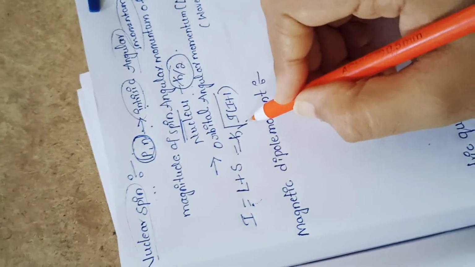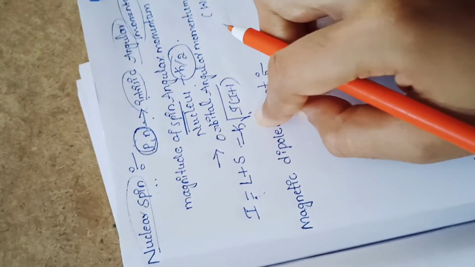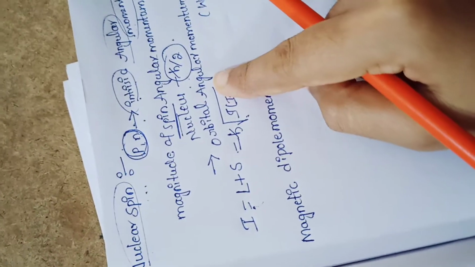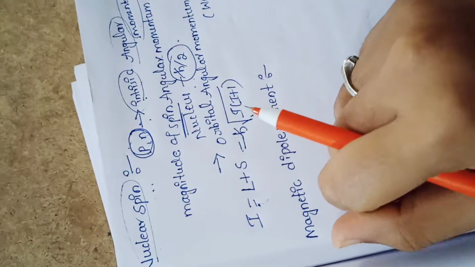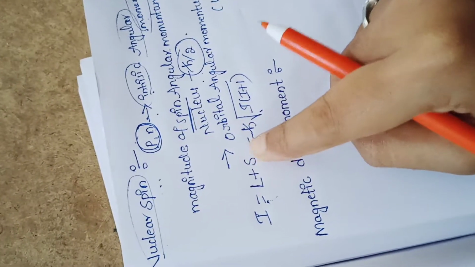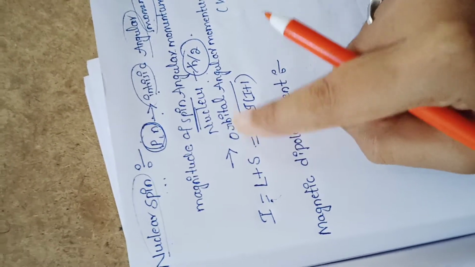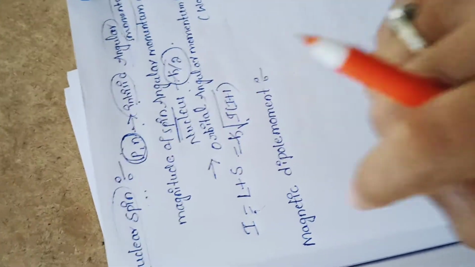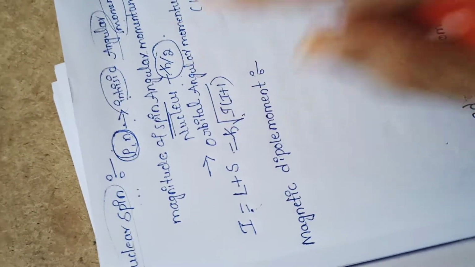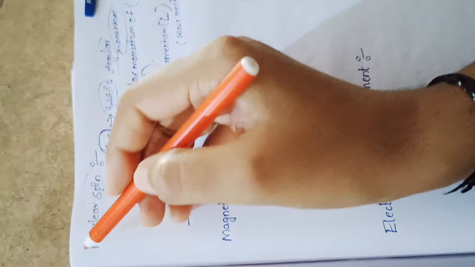This is the total value of I, a combination of orbital angular momentum and spin angular momentum. This value of I depends only on the type of interaction between the nucleons. This is about the nuclear spin.